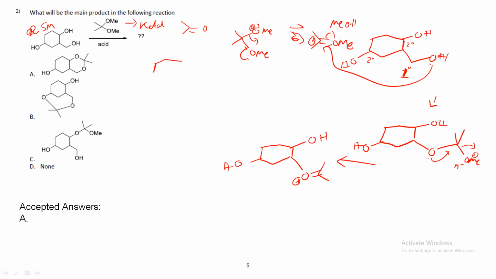Now here you can see we have two options. This OH can attack, or this OH can attack. So let's look at both the possibilities. Let's say at first this OH is attacking. Then what species will we generate?